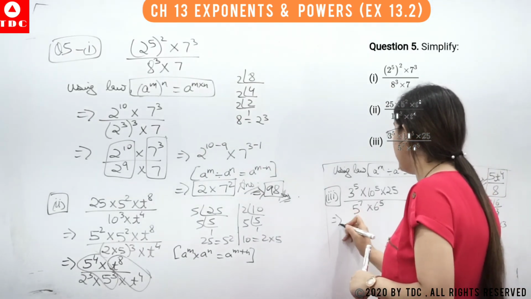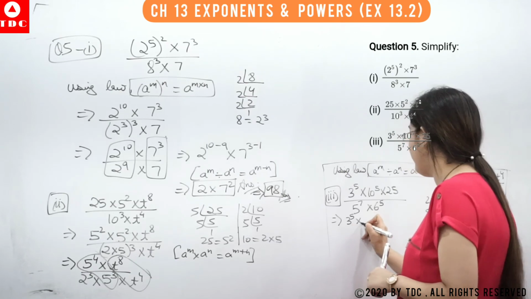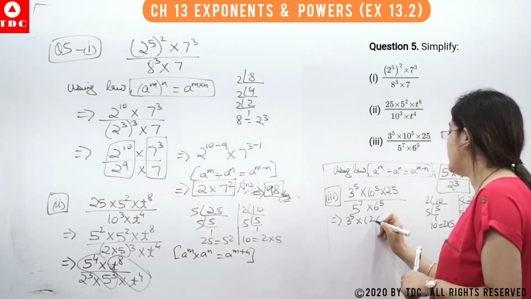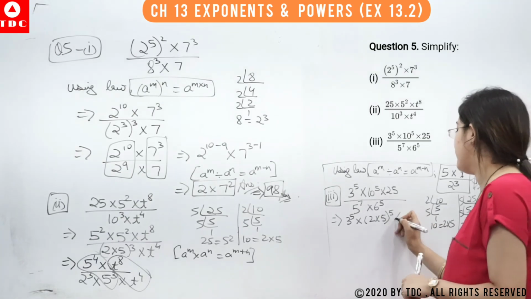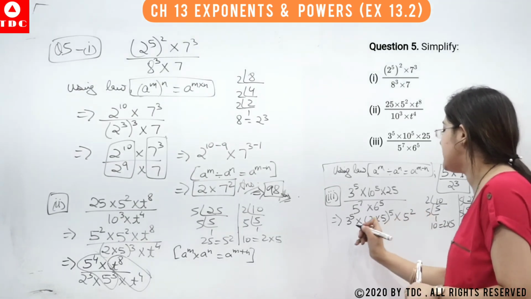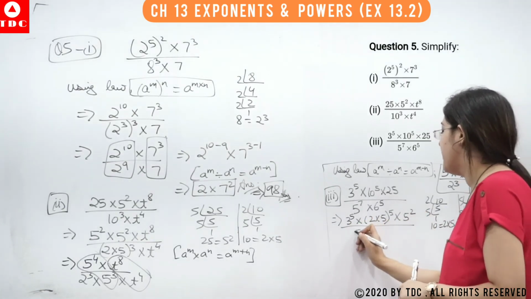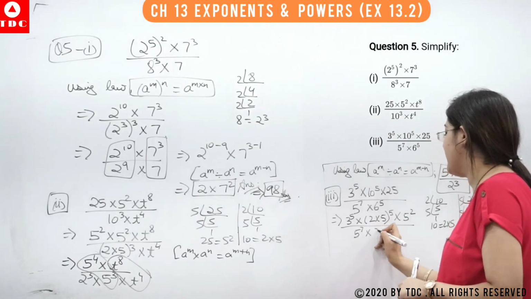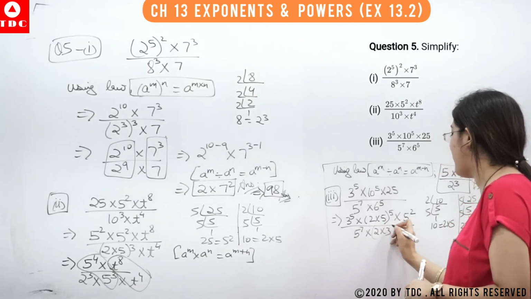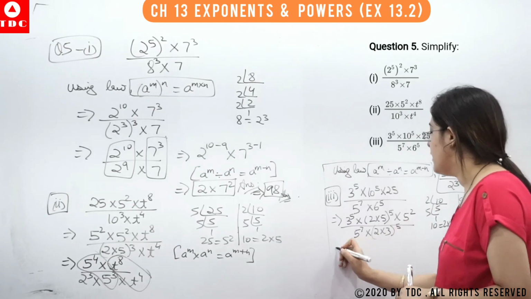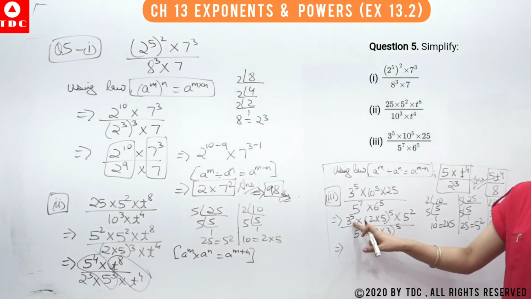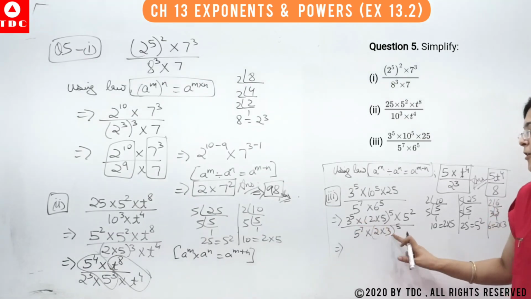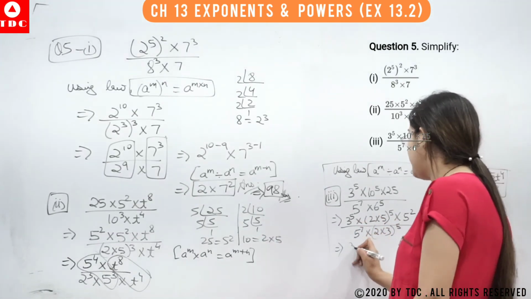So let's write it here. What will we get? 3 to the power 5 into (2 into 5) to the power 5 into 5 to the power 2 upon 5 to the power 7 into (2 into 3) to the power 5. Now what will we do, students? See, 3 to the power 5 is here also. Let's simplify it.